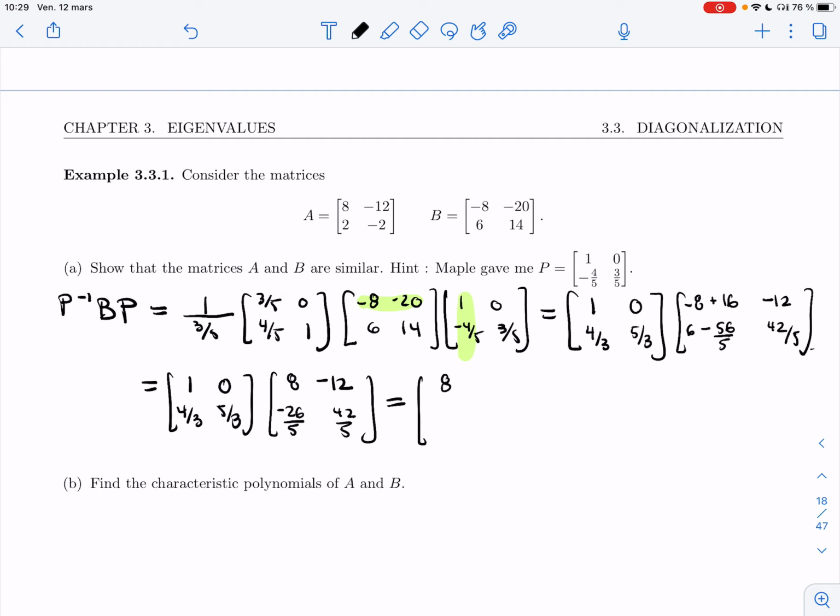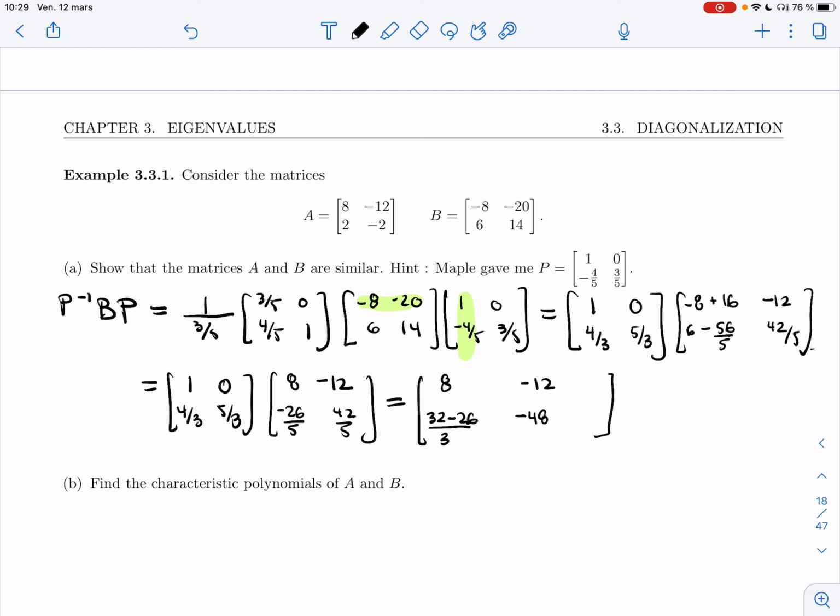So 8, that's fine, -12, that's fine. The bottom is a bit more work. I'm going to get 32, let's put it over 3. Then here the 5 cancels, I get -26. And then here the 3 cancels, I'm going to get -48.